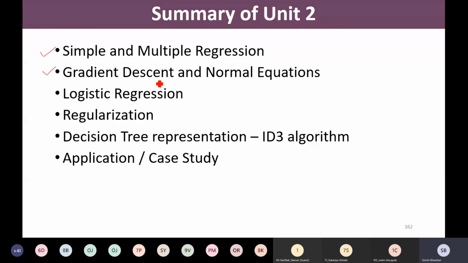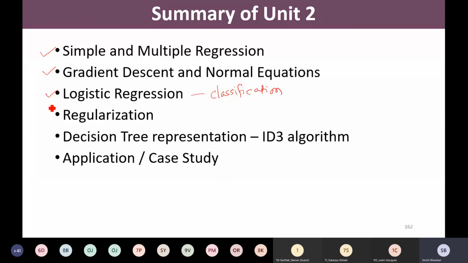We compared the gradient descent method with the normal equation method: when to use gradient descent and when to use normal equations. After the detailed discussion of regression, we discussed the logistic regression algorithm, wherein we used the sigmoid function, right? And as I stated, logistic regression is commonly used for classification.